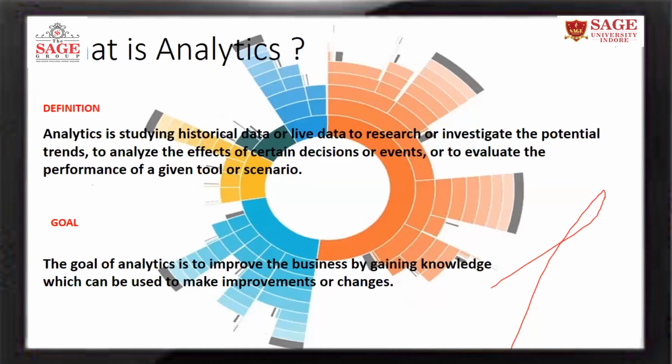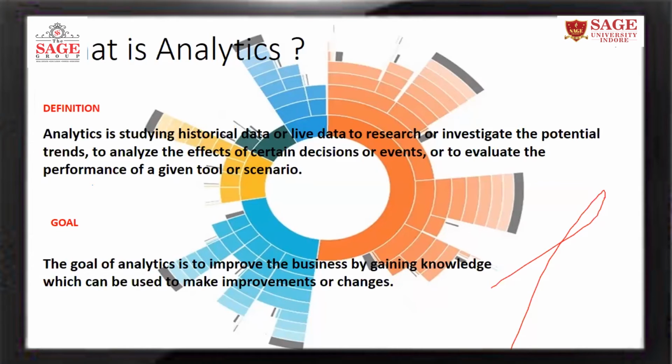By historical data, I mean the data which was collected previously, and the live data is the data which is generated live. Let's say, for example, I'm speaking, so this is data which is getting generated. If you are watching any live performance, the data will get generated. So this is a live stream of data.